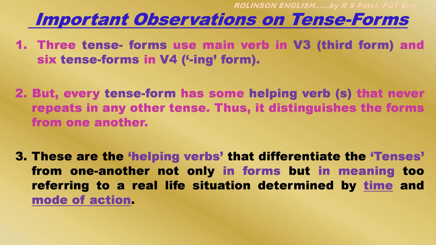So it is clear that main verb cannot distinguish them from one another in form. But every tense form has some helping verb or verbs that never repeats in any other tense. So it is clear that it is helping verb that distinguishes the forms from one another.